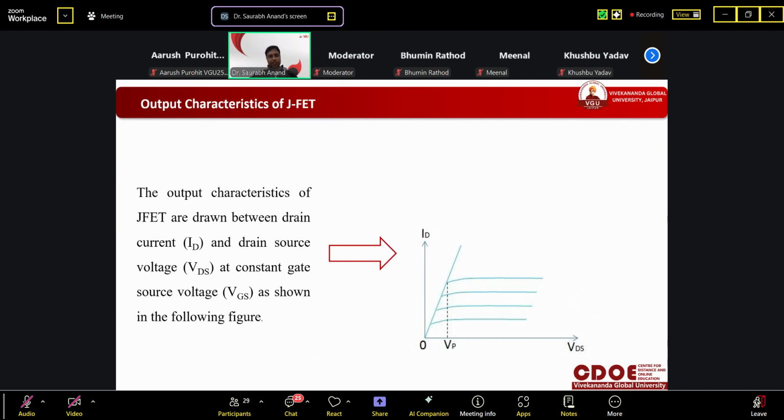This is the output characteristics of JFET. The output voltage is between drain and source, and the current will be ID. Output current in BJT was IC, and C is drain here, so ID. Output voltage was between C and E; here C is D and E is S, so VDS.